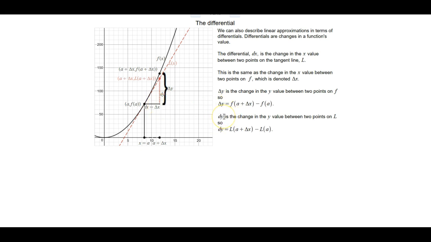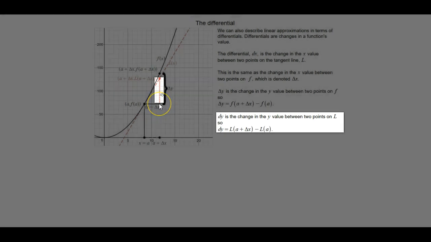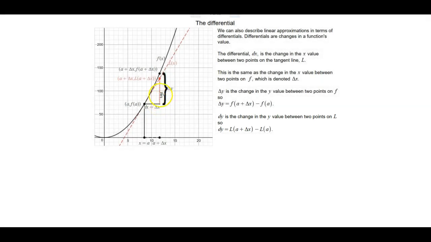So dy is called a differential, and it's the change in y values between the points on the tangent line. So this red vertical distance up to the tangent line is dy.